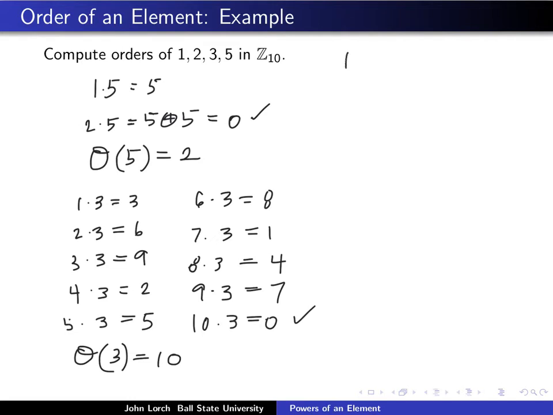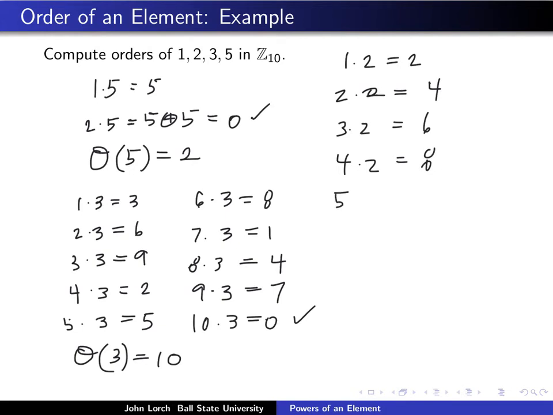So let's start with 2. So I take 1 times 2 and I get 2. 2 times 2 is going to be just 2 plus 2 in this group, which gives us 4. 3 times 2 will be 6. 4 times 2, which is 2 circle plus 2, circle plus 2, circle plus 2, gives us 8.